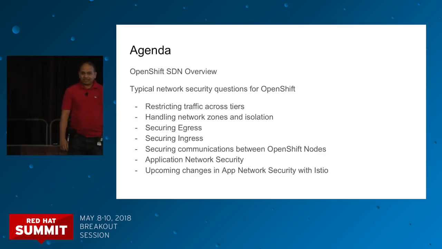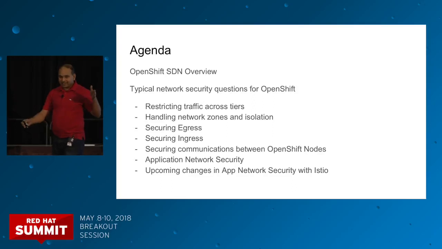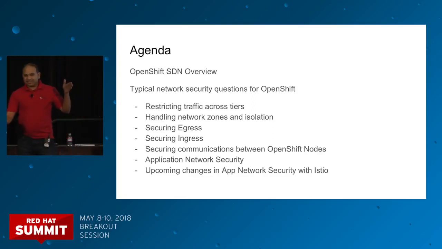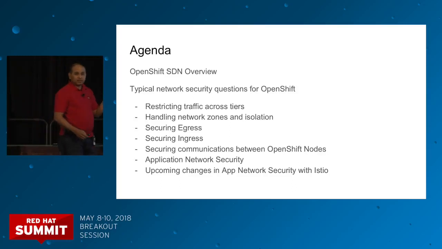Agenda for today. This is going to be a packed session in terms of the amount of information that you'll gather. So be attentive because I'll be going pretty fast, unlike what I generally do. First we'll go with an OpenShift SDN overview, which is the software-defined network that comes with OpenShift.